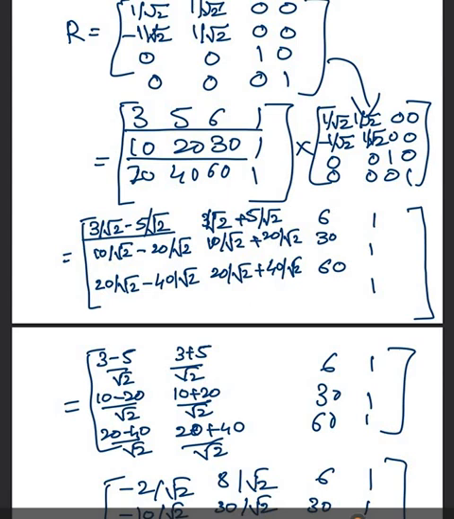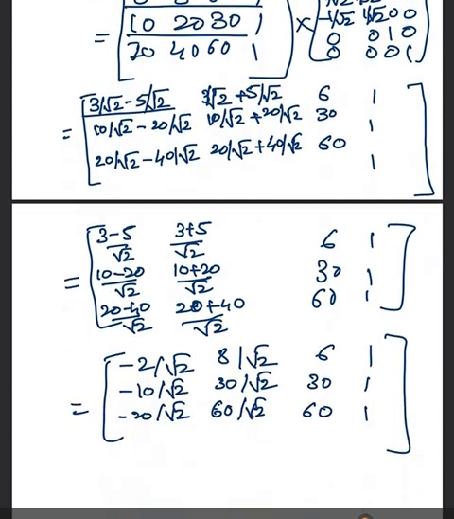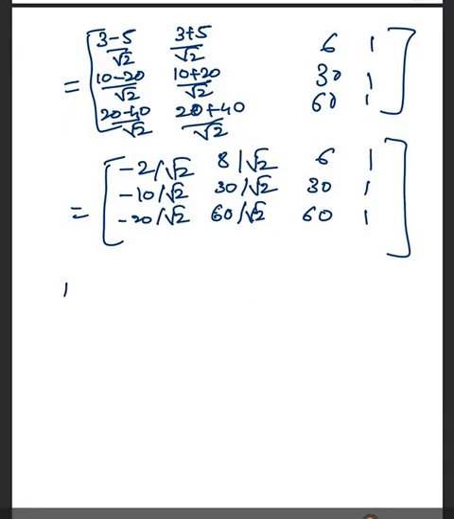Now in the end, you are supposed to write the values of A dash, B dash and C dash. How will you write it? A dash will be minus 2 by root 2. You can solve it if you want. 8 by root 2, 6. 1 you will not write. Please remember it.